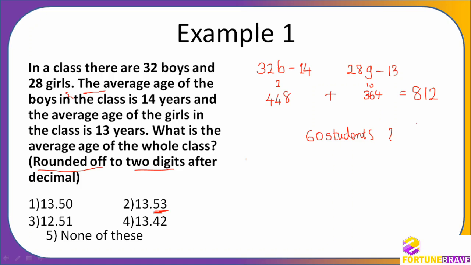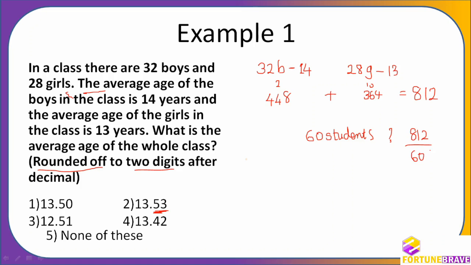Now this has to be divided by 60. This is the sum we have done. The sum is obtained by multiplying the number into the average. Here we have to find the average, so sum divided by number.